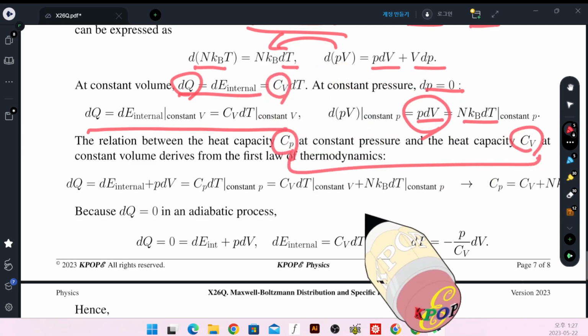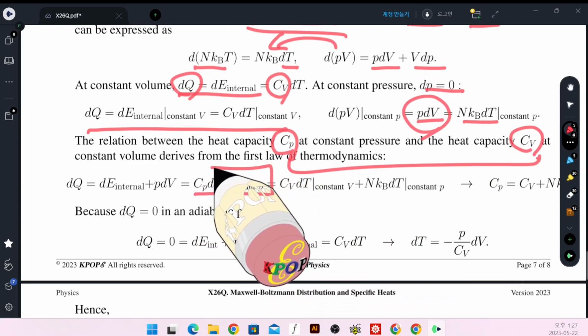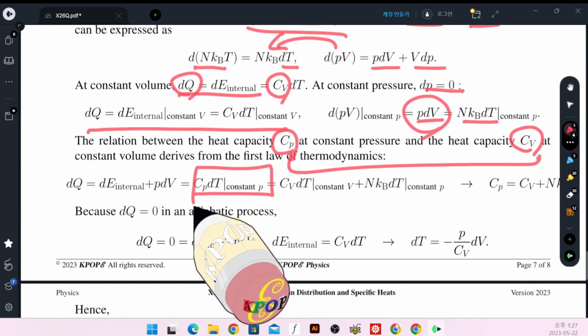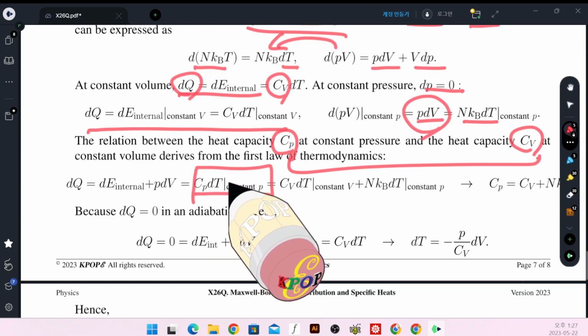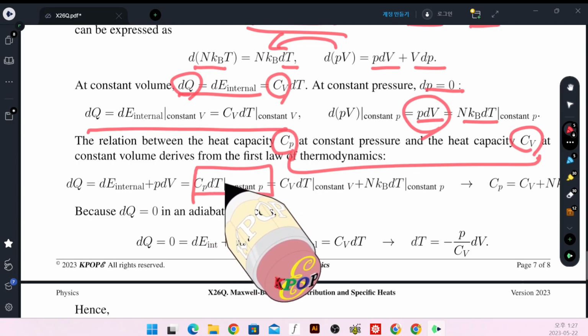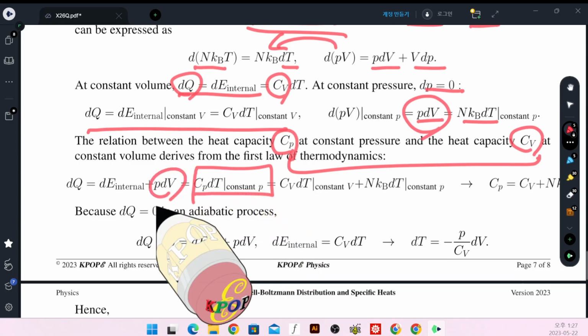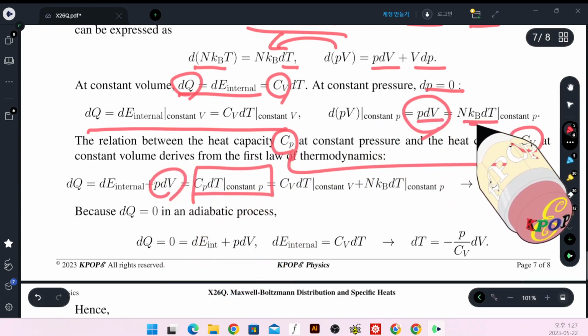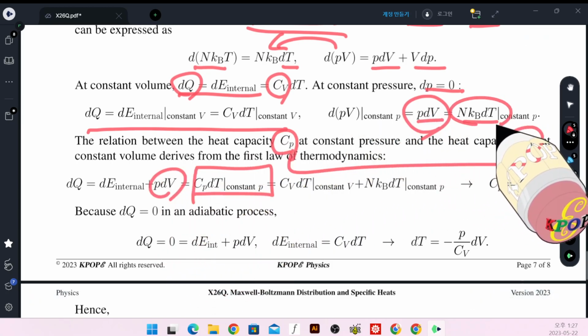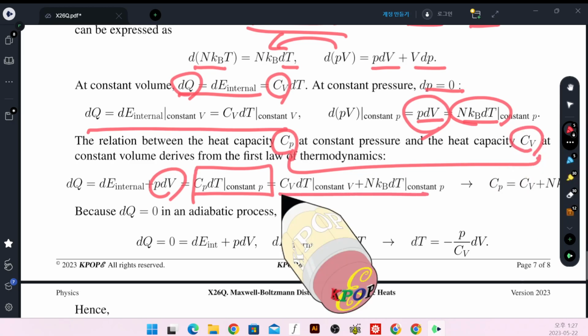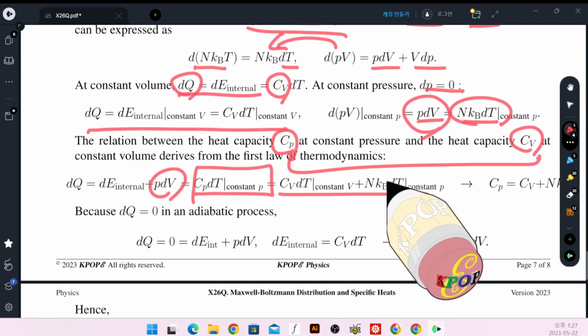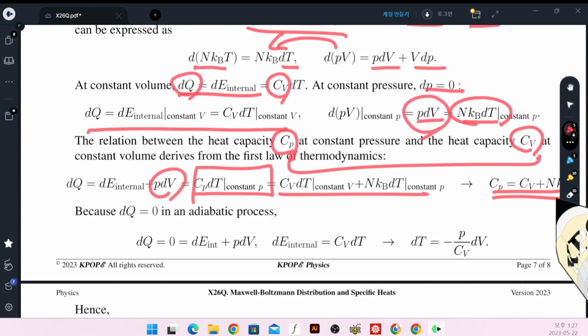Because of that, heat capacity at constant pressure multiplied by the temperature change should include this PdV. That amount can always be converted with nkB dT. As a result, we have a simple relationship between Cp and Cv in this manner.